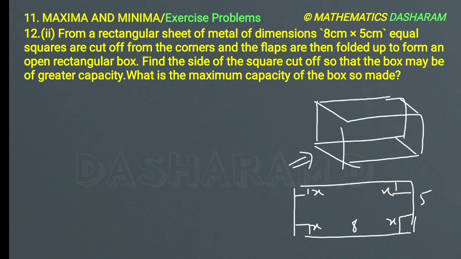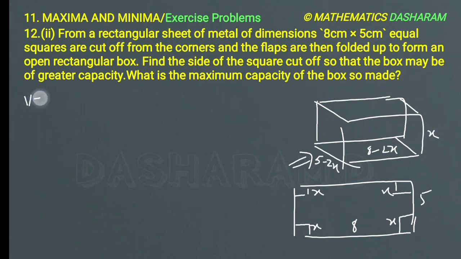Then the length will become 8 minus 2x. Breadth will become 5 minus 2x. And height is x.